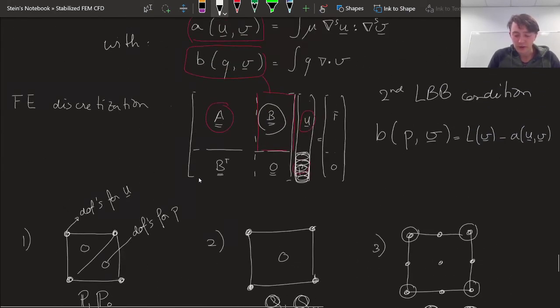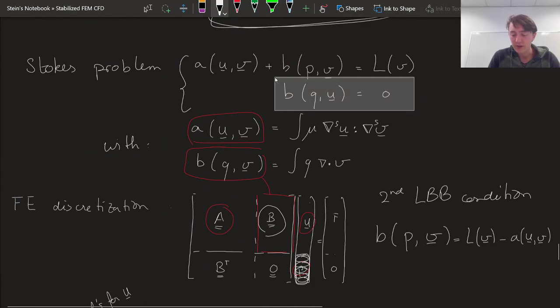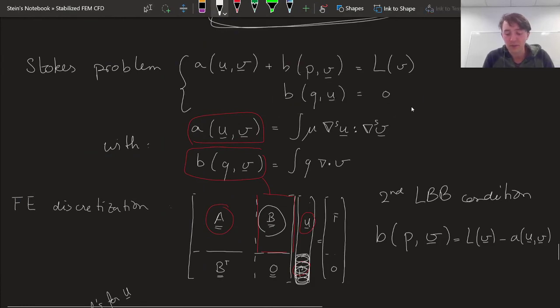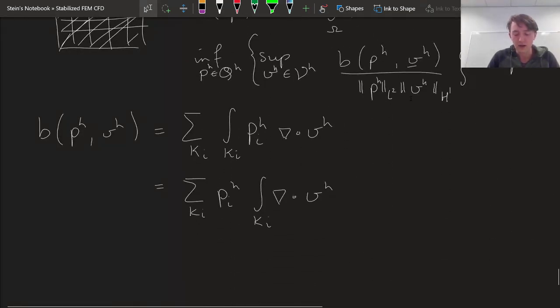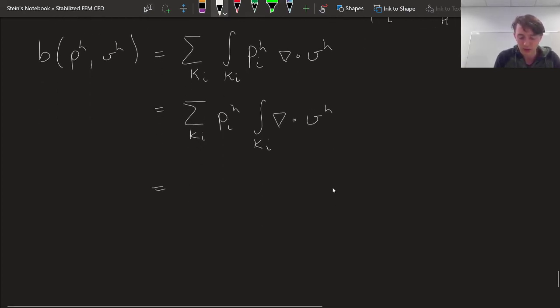So, what is this? This is already telling me something. In my constraint equation, so the lower equation here, this is saying that B(q, u) is going to be equal to 0 for all choices of q. And in our case, we're currently considering the discrete solution space for q. So let's try and interpret that condition from what we've just written down. So in each one element, I have one choice of p here. Now, let me change my variables into the ones of q and u.